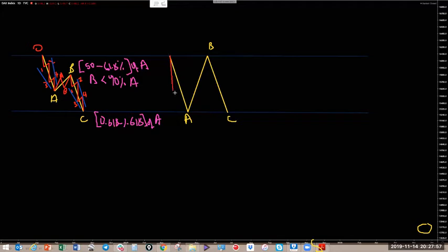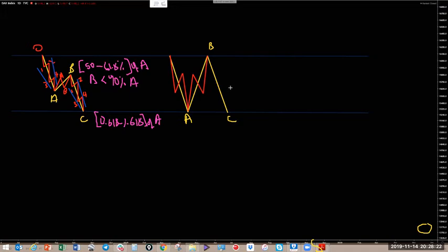You've got a wave A that has got 3 waves. That is on a flat correction. And that is the only place where you are going to find an A wave that has got 3 waves. Now, B will always be 3 waves regardless of the structure. B will always be 3 waves.